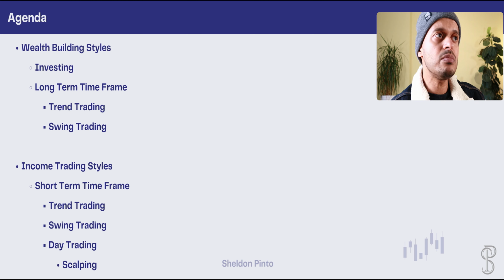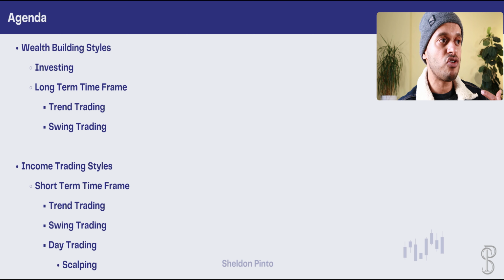Now, in the income trading styles, you have the short term time frames. In the short term time frames, this could be trend trading, swing trading, day trading, and also scalping. Short term is something where you would try to generate wealth more frequently, so that you can pay your bills and do a lot more with it. And long term is something you don't worry about until maybe 2 years down the line, 5 years down the line.